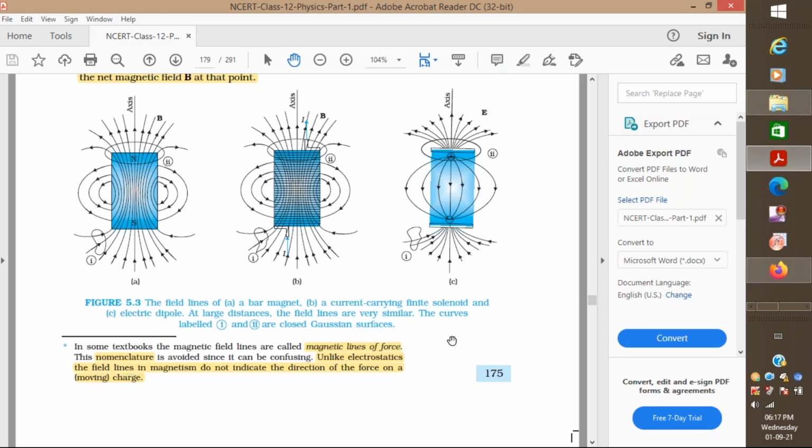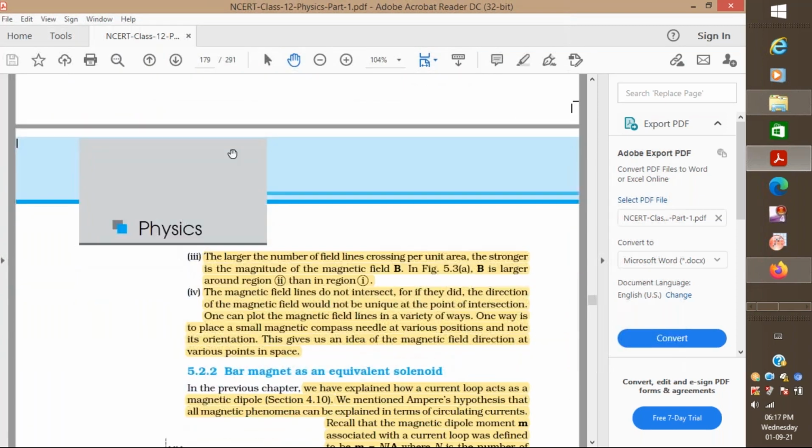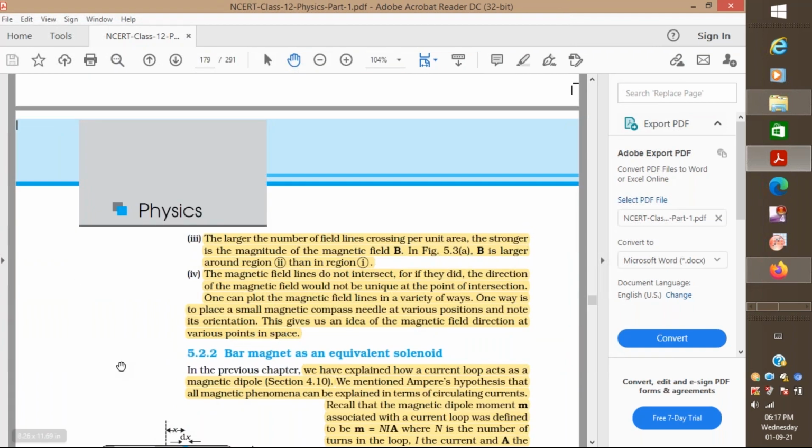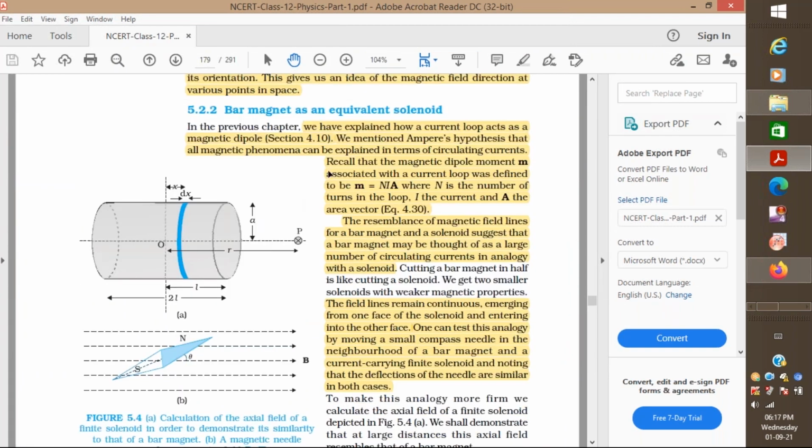Because we have seen that the magnetic field lines for a solenoid are very similar to the magnetic field lines for a bar magnet. So from that analogy, we can compare the solenoid to a bar magnet.